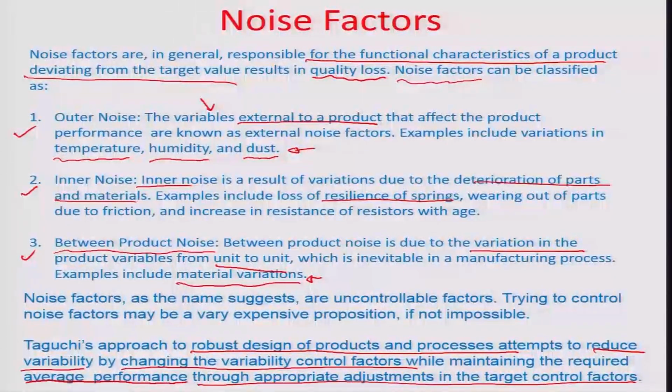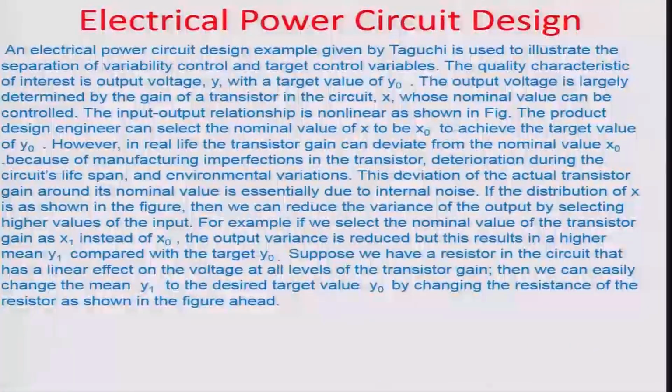So, let us look at a little more detail now, as I talked earlier about what is so different about variability control factor and target control factor. In this case I would look at an example given by Taguchi himself about a transistor gain. When we talk about an electrical power circuit design, the quality characteristics that may be of interest to the production personnel could be something related to the output voltage of the product.